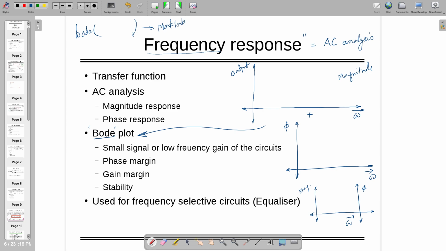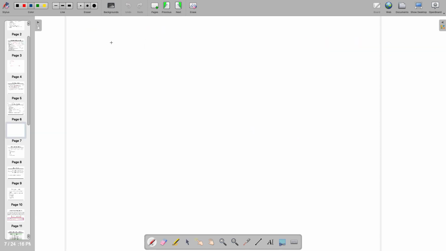We'll do it, don't worry. If you want, you can do it one by one also, like one plot here, one plot there. But doing together is very important, because you will have some information when you do magnitude and phase plot together.